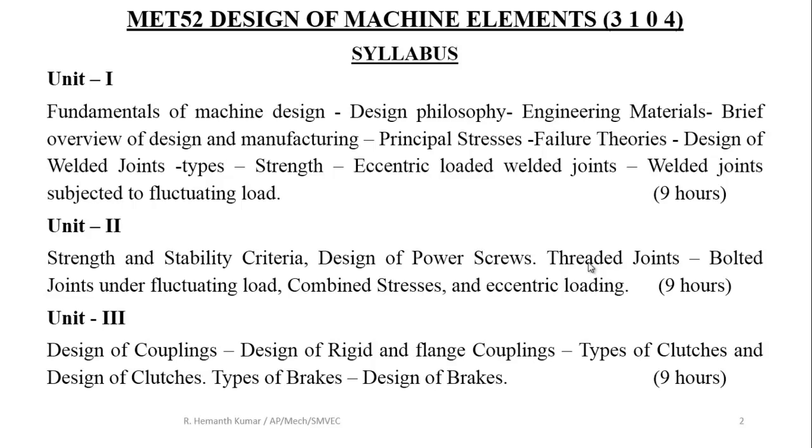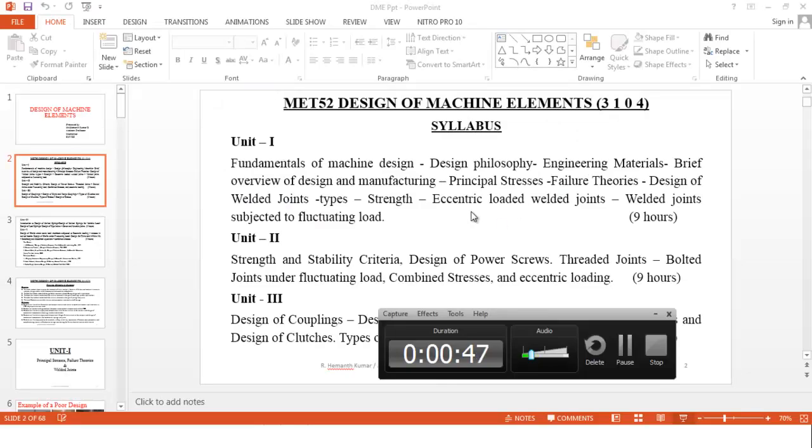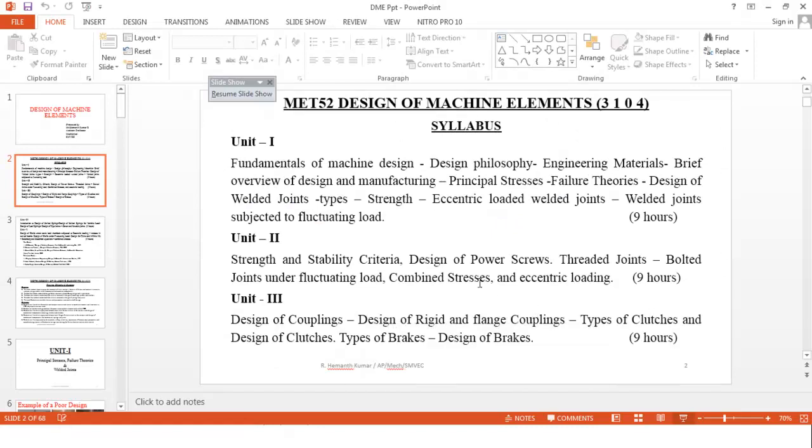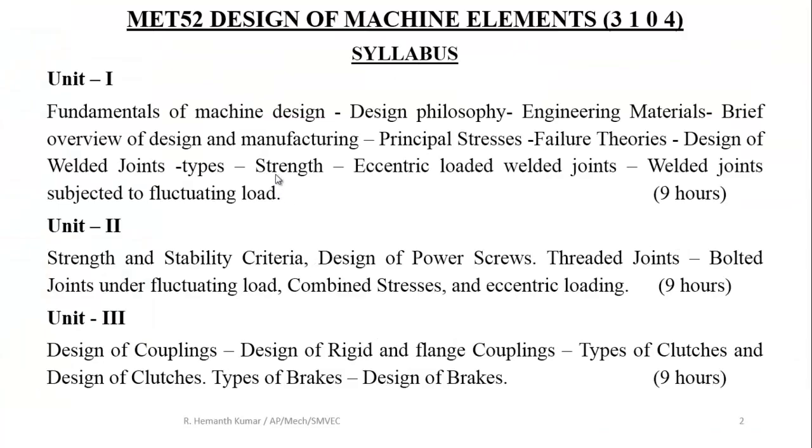So in order for the machine to work perfectly, we will need some small elements to be working very effectively and efficiently. If you see in our syllabus, we will be discussing a few elements which have major importance and play a major role in a machine.